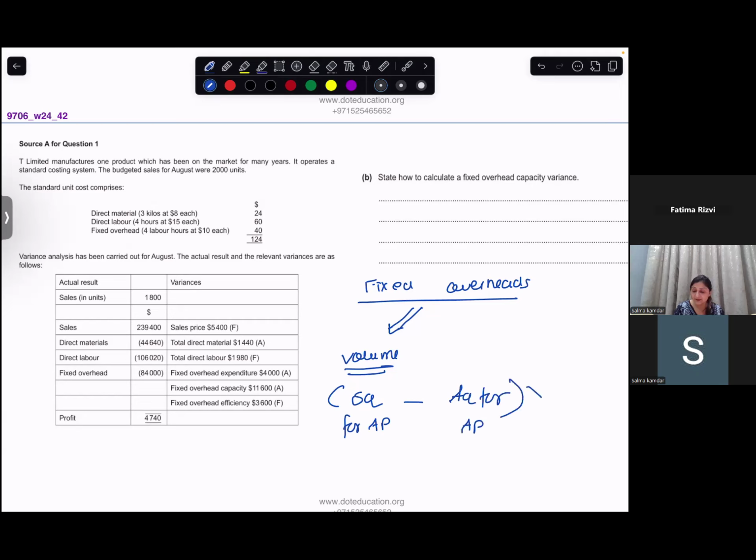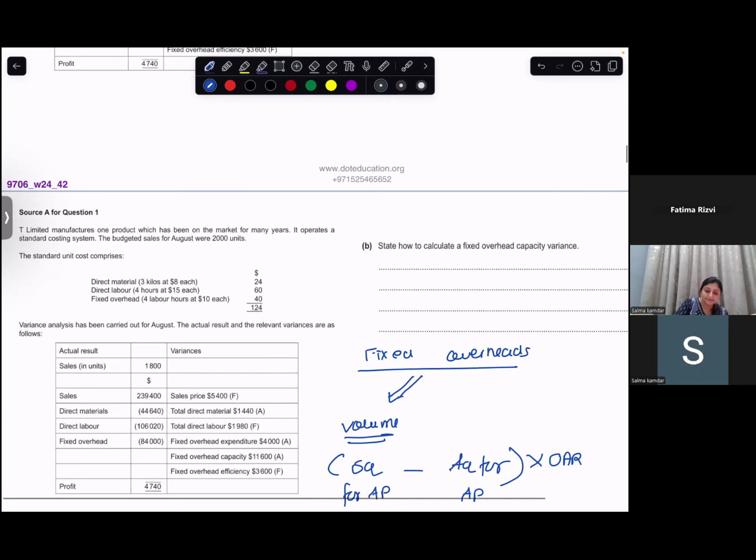into standard rate. But in fixed overheads, our standard rate was what? Overhead absorption rate, OAR. How do you get the OAR? Budgeted overheads over budgeted activity level. So you get the OAR by budgeted overheads over the budgeted activity level.